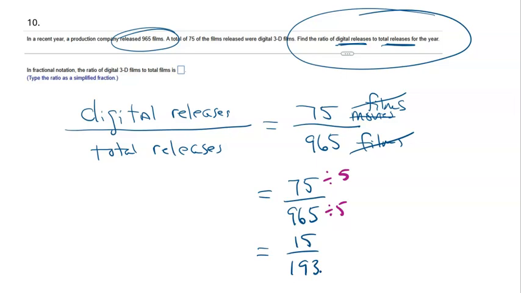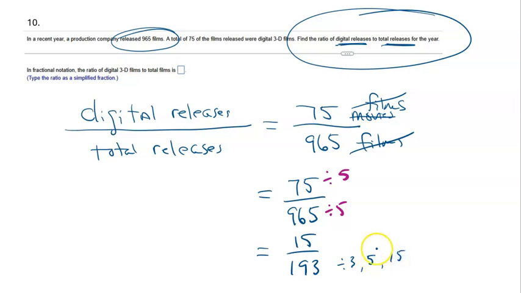193. Now, is that a simplified fraction? Another way we say that is lowest terms. Well, I don't know without playing around. Now, I do know that the factors of 15 are 3, 5, and 15. So I need to see if 193 divides by 3 or 5 or 15, right?